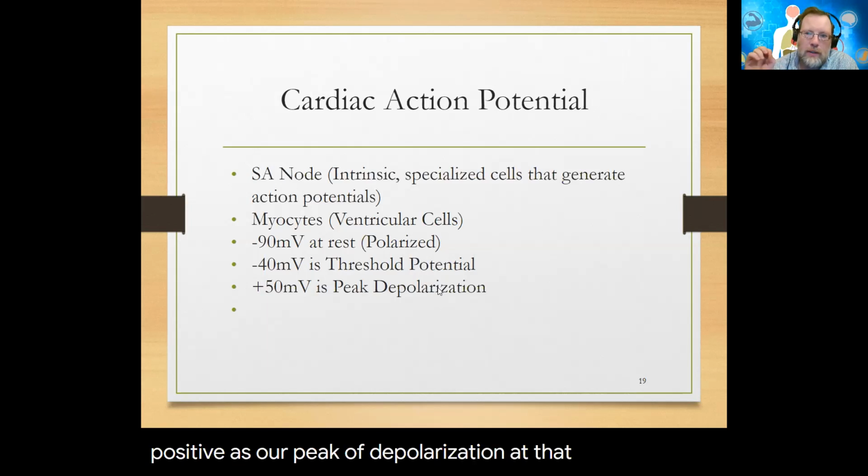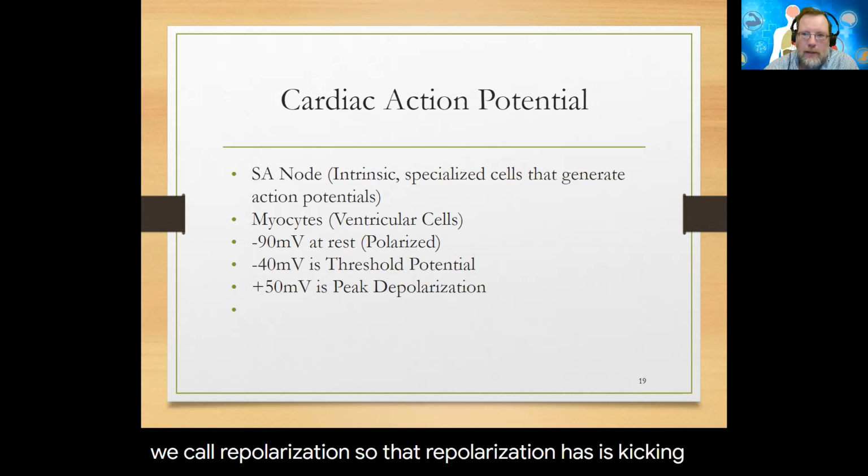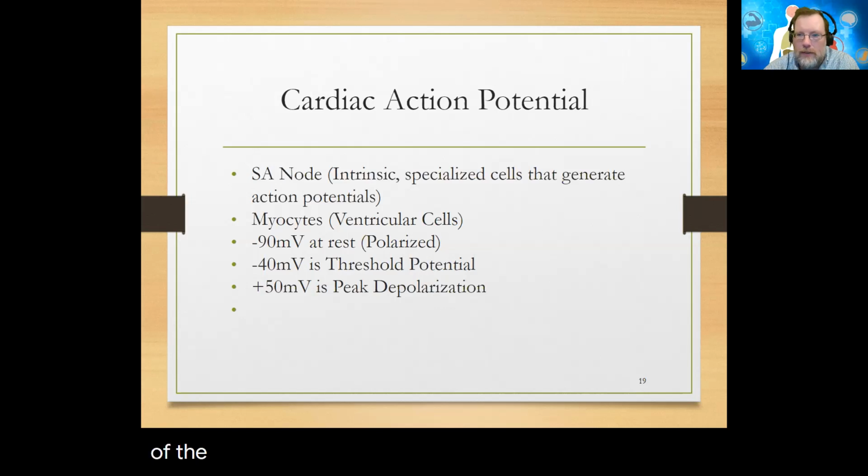At that point, potassium ions now rush out of the cell, and we start the process of what we call repolarization. So that repolarization is kicking potassium out of the cell, and you'll recall, everything starts going back down to the baseline, to that negative 90, which is the baseline for being polarized.